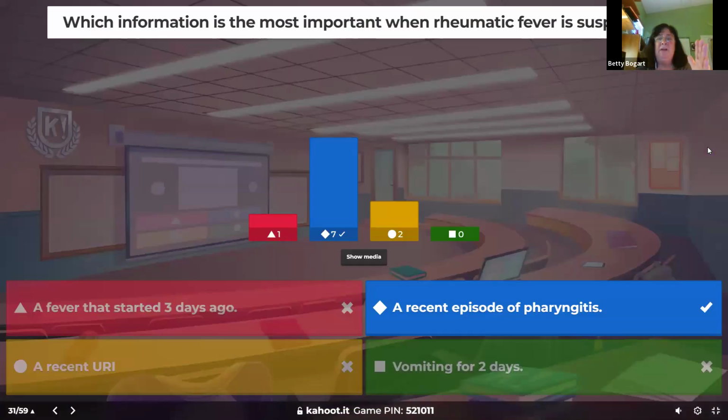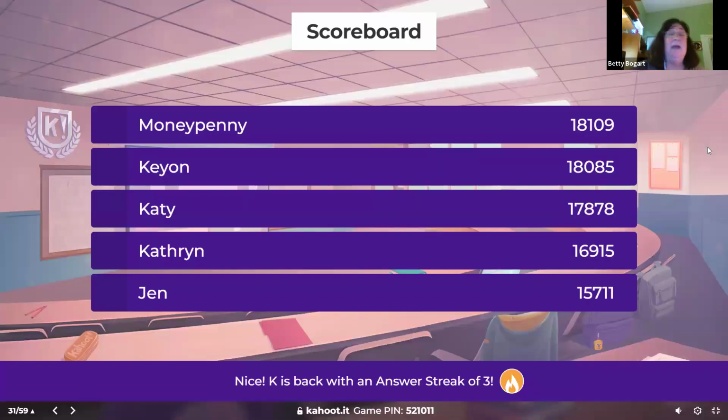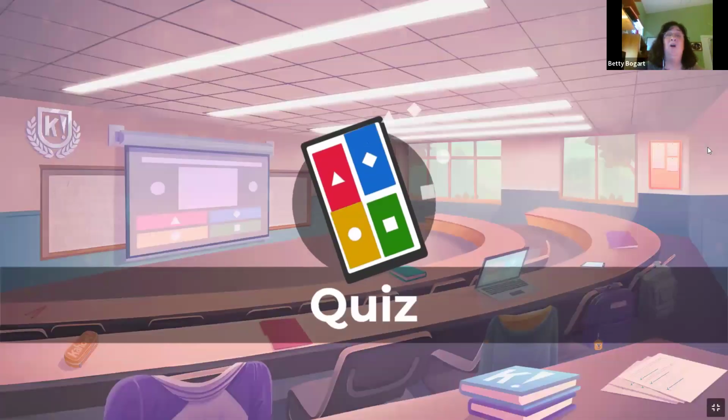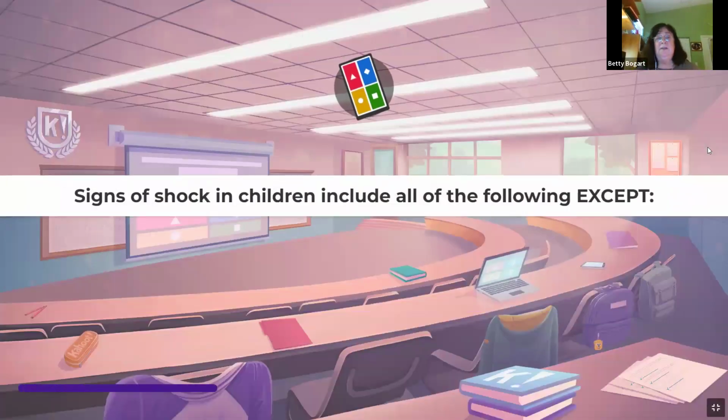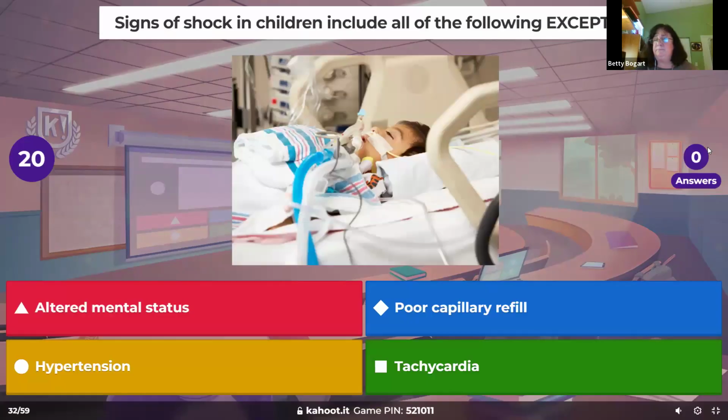So rheumatic fever and strep go hand in hand. So if they've had a sore throat, they don't know it was strep. A sore throat probably was strep, okay? How do we treat it? We give long-term antibiotics and everything goes away except for heart valve damage. Signs of shock in children include all of the following except.